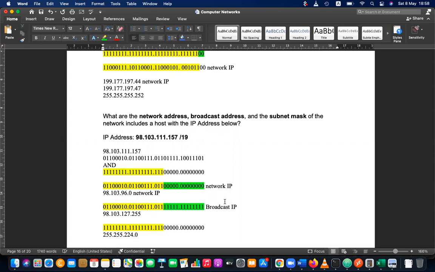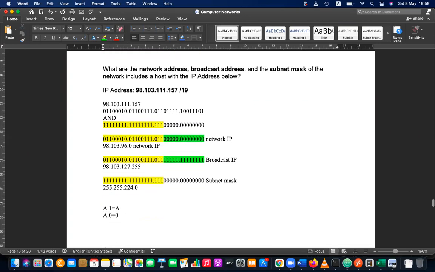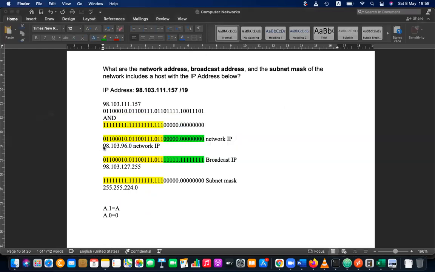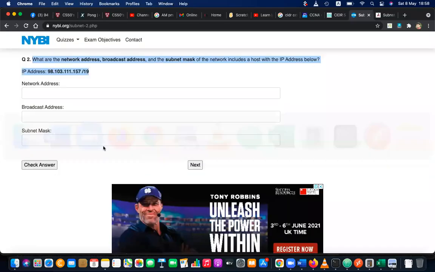Okay, let's give these values to our answer sheet. I think now we have done enough and found a few answers. This is the network IP, so let's paste this in our question.